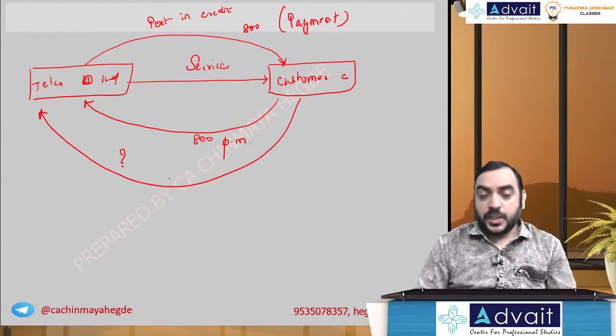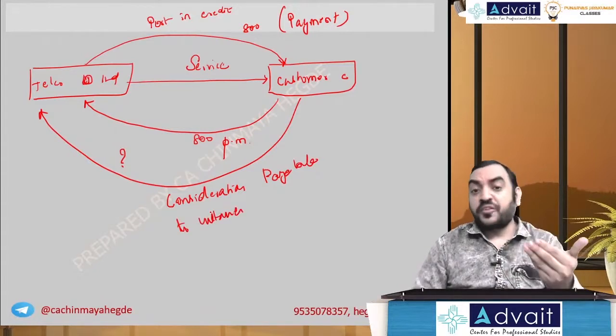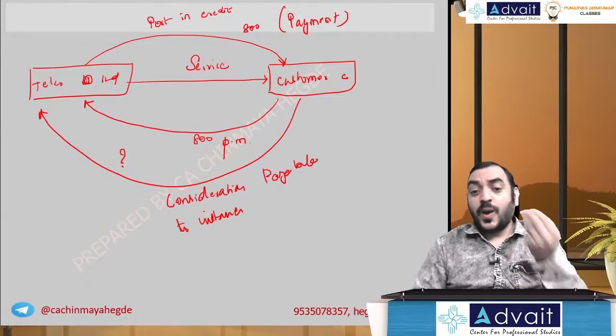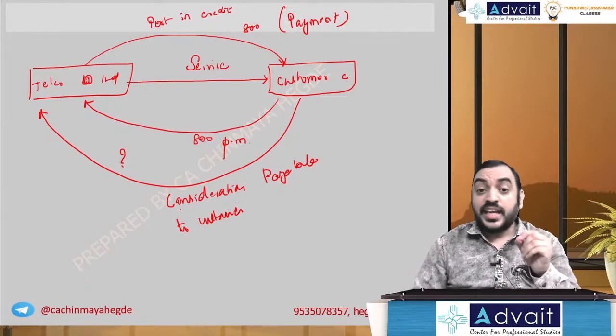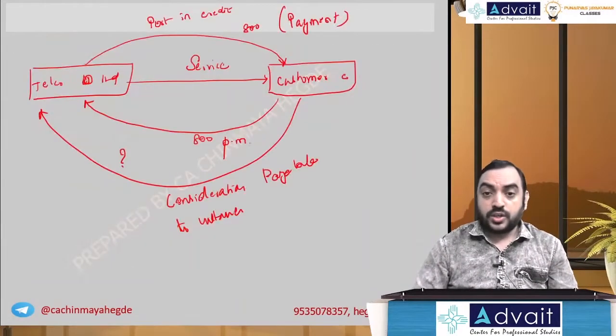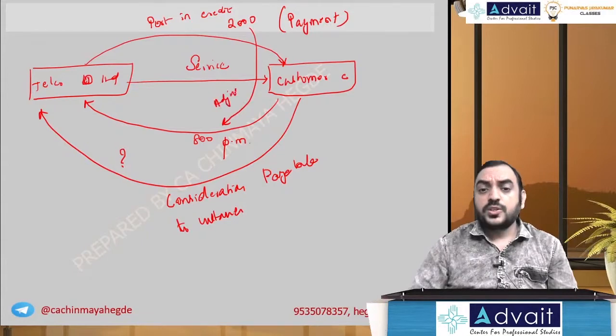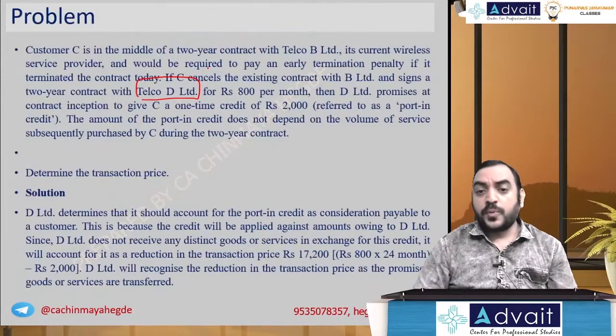So this is a typical case of consideration payable to a customer, and because D Limited is not getting any separate performance obligation, it should be adjusted against the revenue. So 2000, not 800, 2000 rupees should be adjusted because there is no performance obligation.